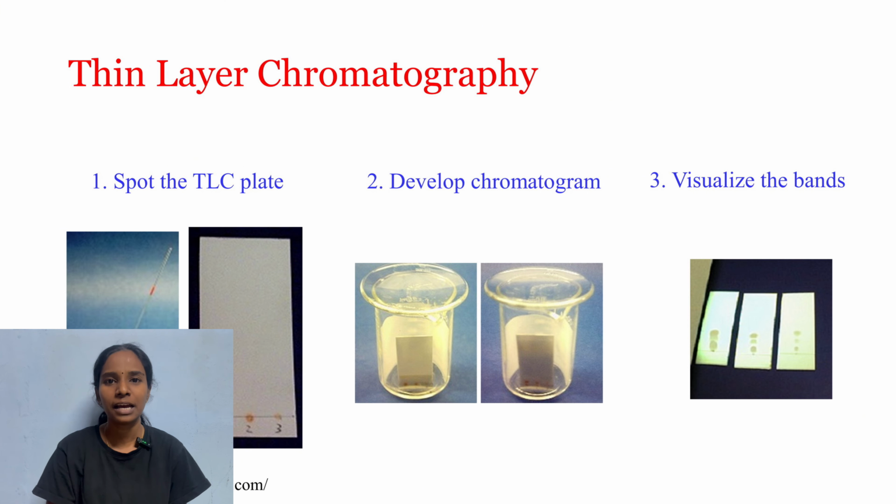These are the different bands indicating different compounds of a particular sample. This is how, using a plain surface like paper or TLC plate, we can separate different components of a sample.